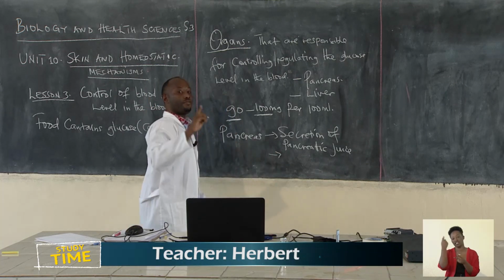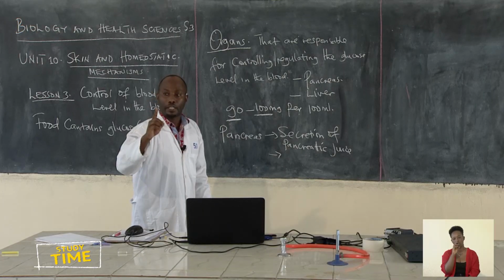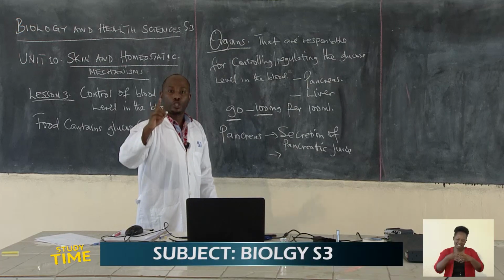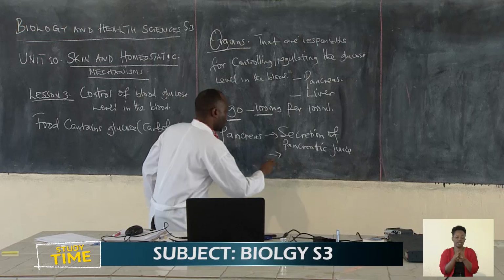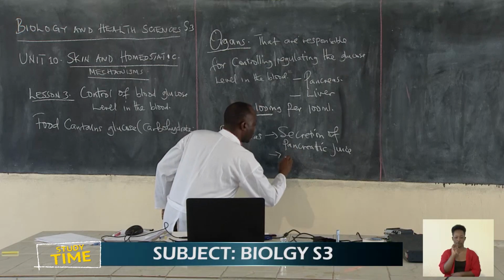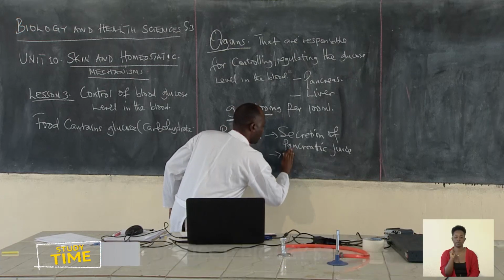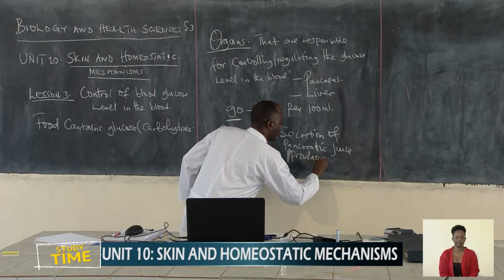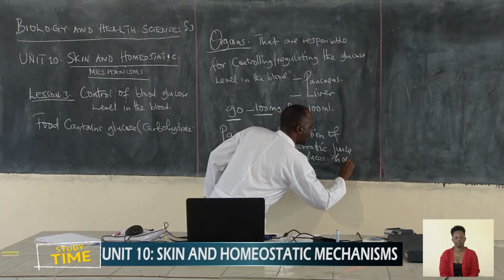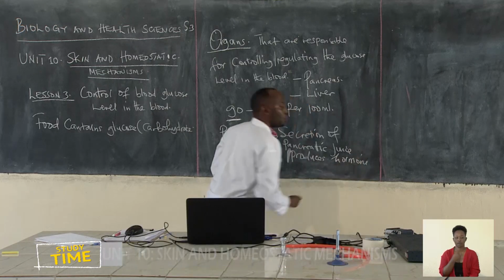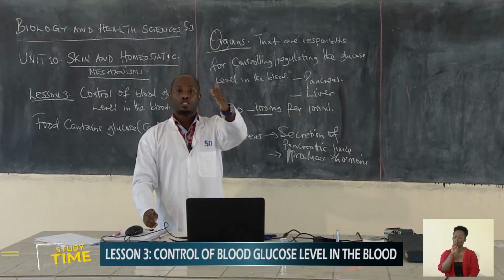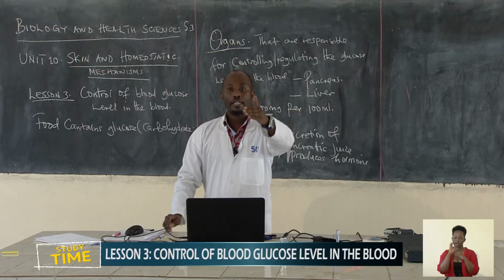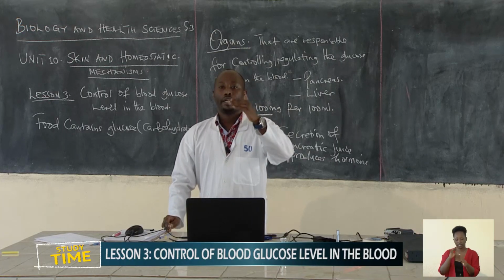And these hormones are very important as far as regulation of glucose is concerned. It produces hormones, and students have mentioned that word several times. What is a hormone? A chemical substance or a chemical messenger produced by the endocrine gland.